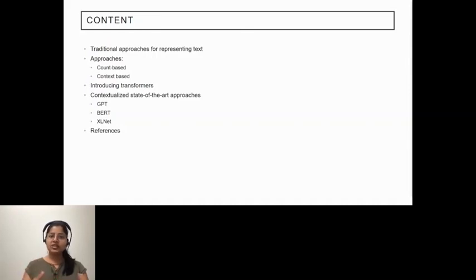So we will talk about the journey from the word2vec model to the GloVe model, and today's contextualized word embeddings, which are basically ELMo, GPT, BERT, or different flavors of BERT and XLNet.